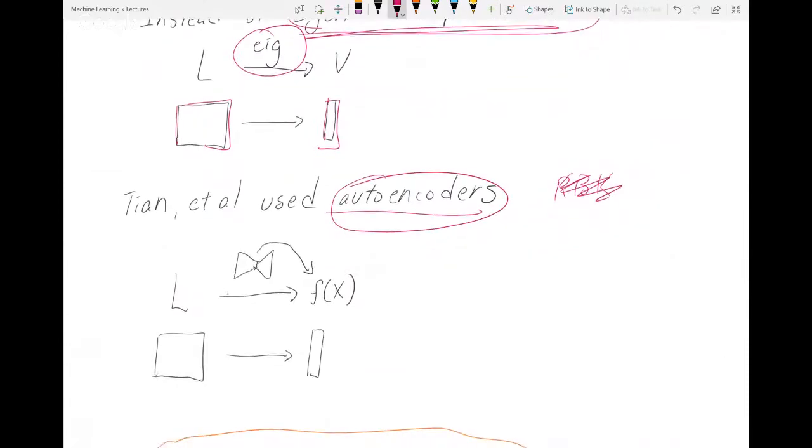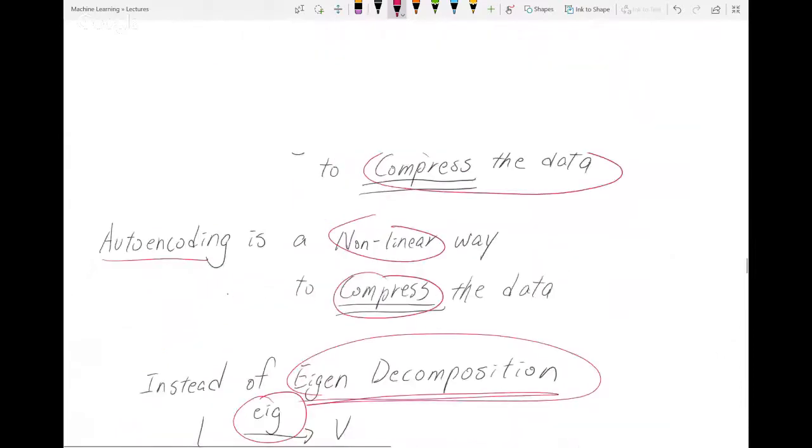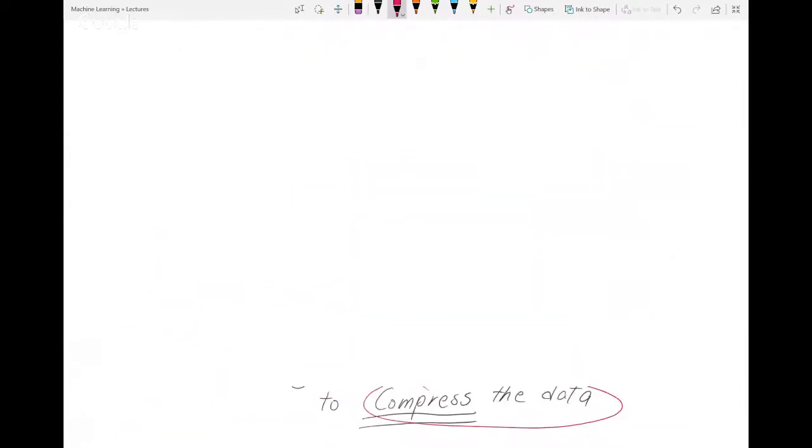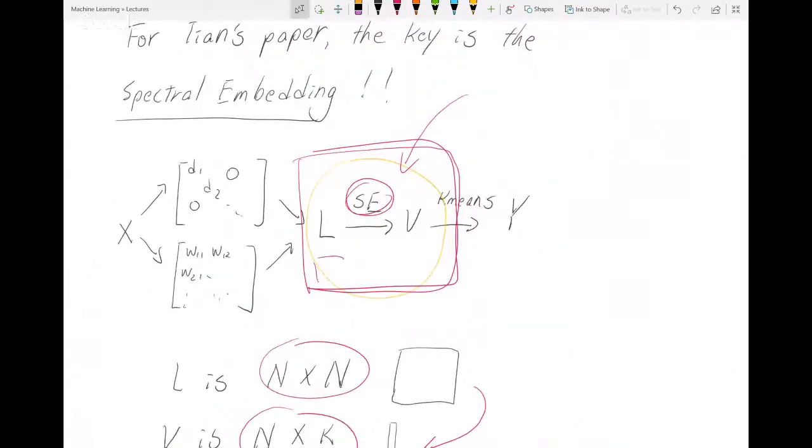So you can picture this was a big one, and then they take the bottleneck and create a new set, which is much smaller. Once they get the new set, they go from a big matrix to a small matrix, and then everything else is the same. Here's the same, here's the same, they're all the same.